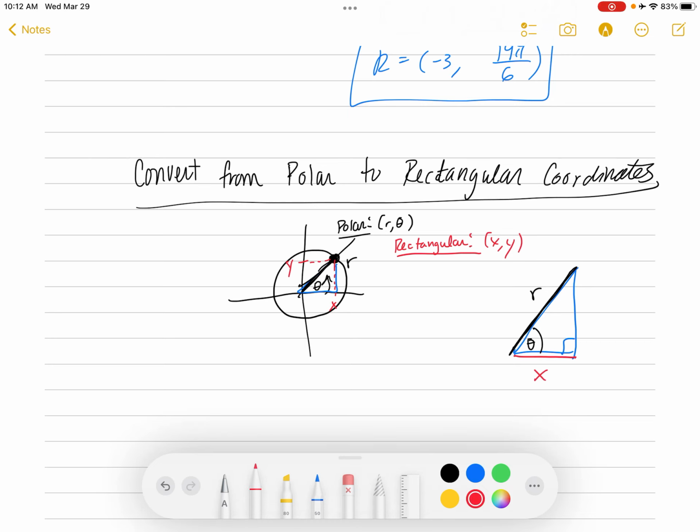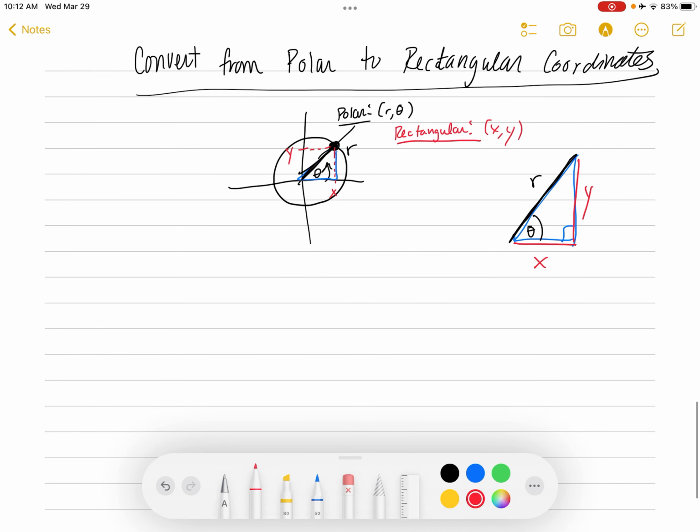It's going to be the hypotenuse, right? We have the x is this side, and the y is this side. It turns out that if I take the cosine of theta, that's going to be x over r, right? The adjacent over the hypotenuse. So if I get x by itself, I get that r times the cosine of theta equals x.